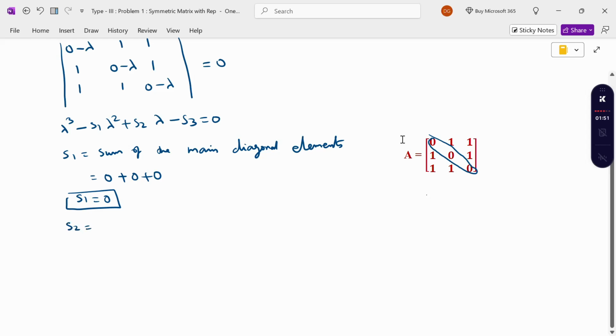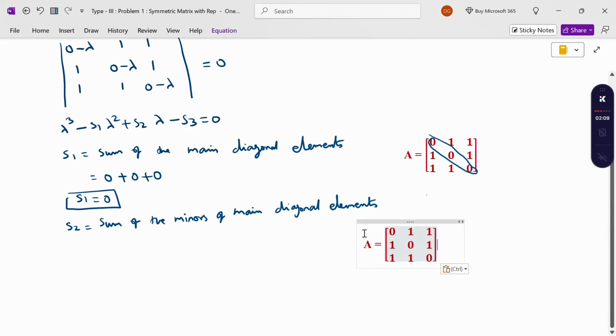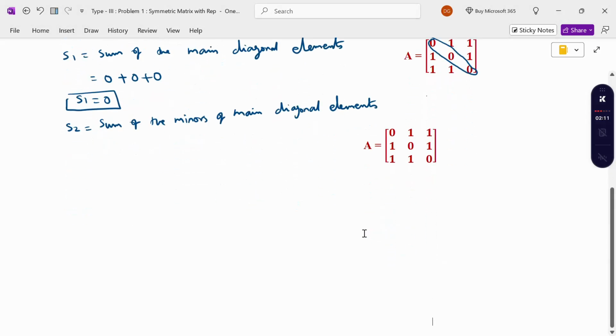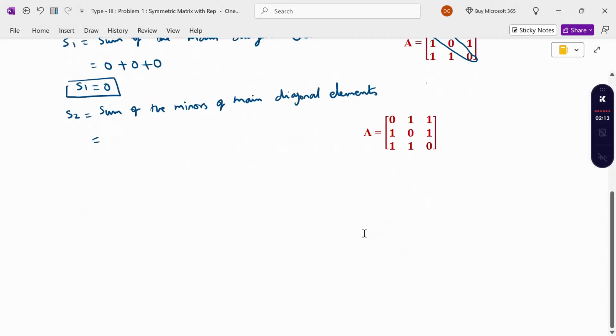Then S2 is the sum of the minors of the main diagonal elements. Now I am taking the first diagonal element, this 0.